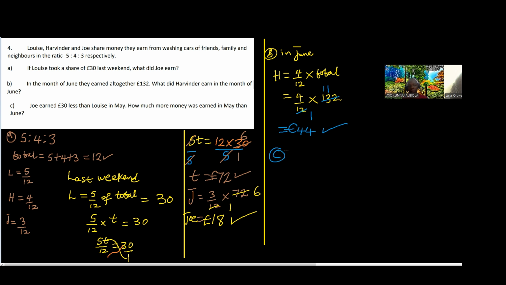The third one says Joe earned 30 less than Louise in May. In May, Joe's share equals 30 less than Louise, L minus 30.